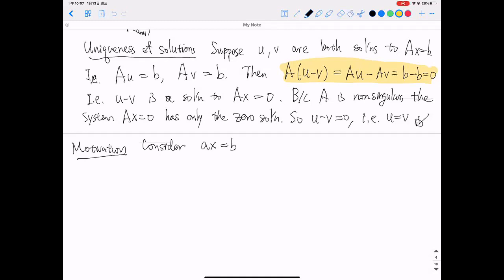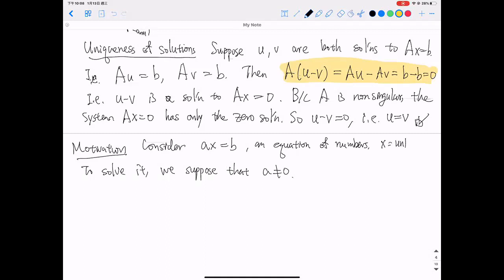Let's say you have AX equals B, an equation of numbers. To solve it, we suppose that A is not 0, right?